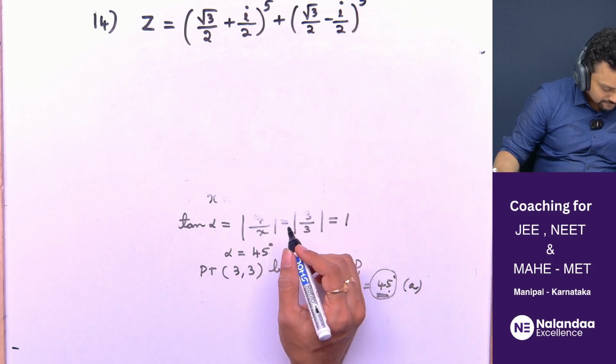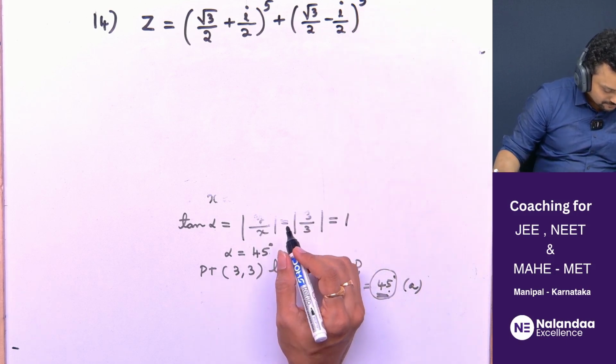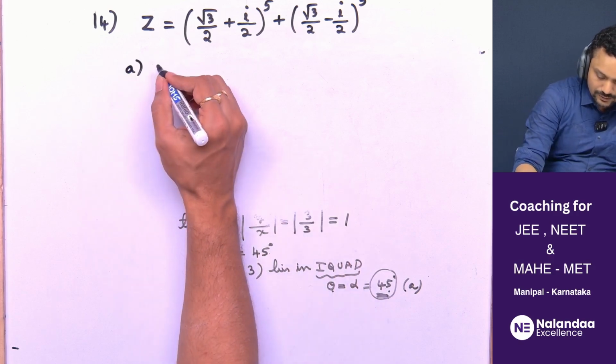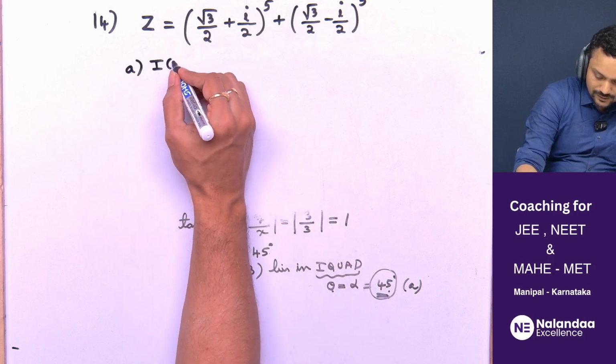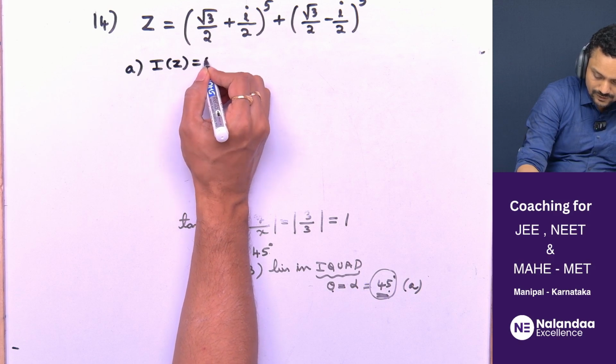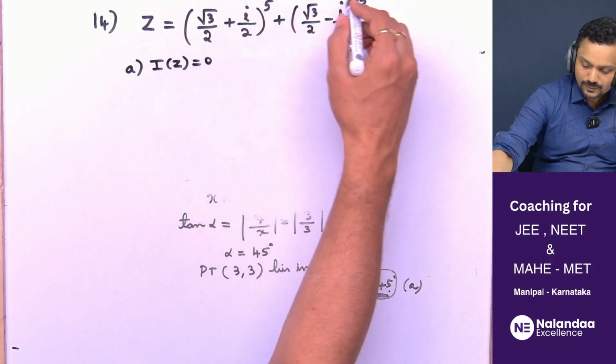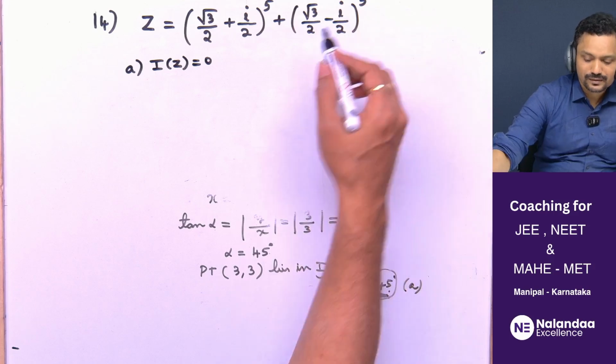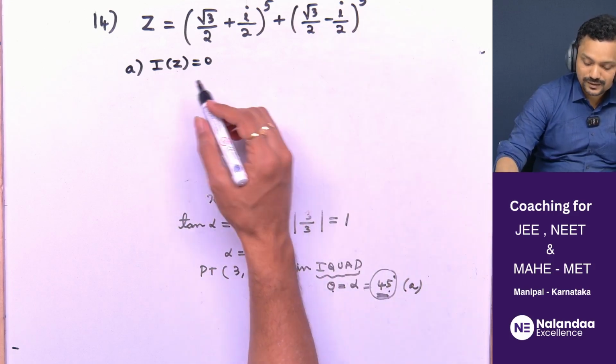Then they have given options. Option A, imaginary part of z is 0. That means you have to simplify this full complex number and tell them which option is correct.